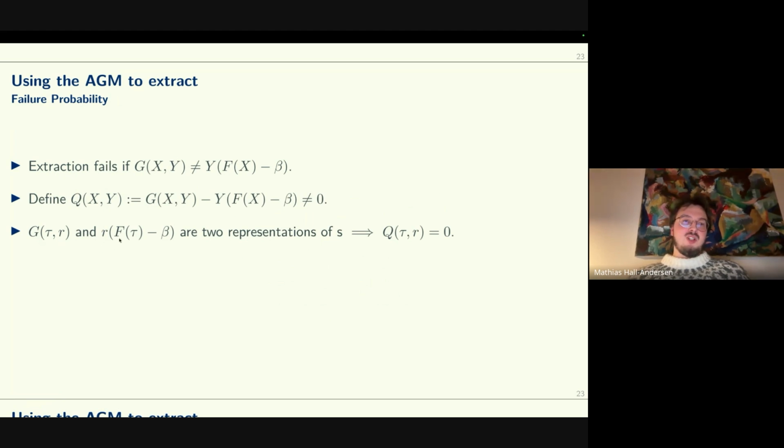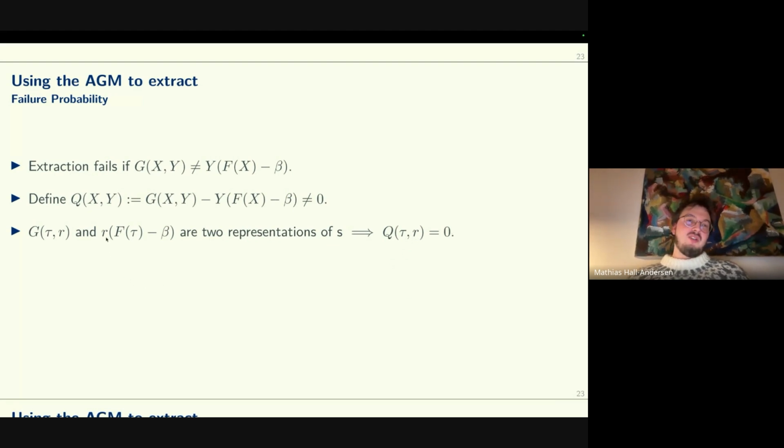And since these must be exactly the same because we recover the same key, it must be the case that when I take this bivariate polynomial, which is basically one representation, the one that the adversary gives me of S, and this is the other representation, the one that I can compute myself, when I plug into Q, tau and R, I get 0.